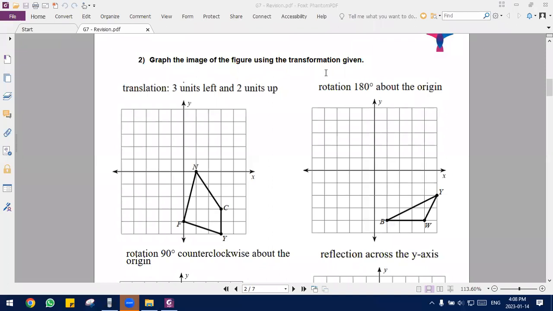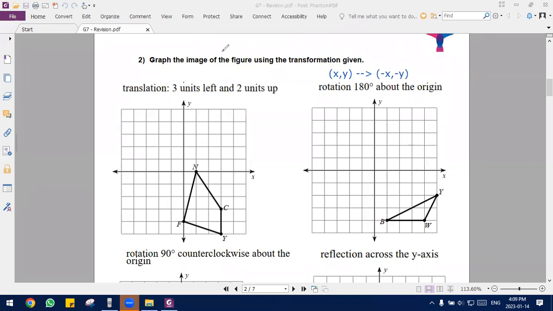So the mapping notation for 180: I have x and y, and it should turn to, when I have rotation 180 degrees, minus x, minus y. This is the mapping notation.